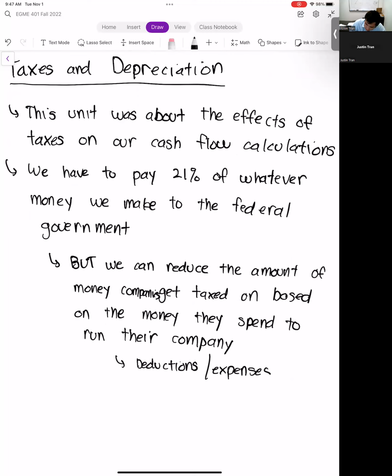The idea behind this is that instead of getting taxed on the entirety of the money that we make and the entirety of our revenue, we're only going to get taxed on a certain amount of that.